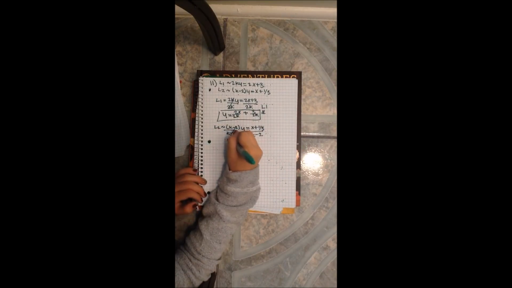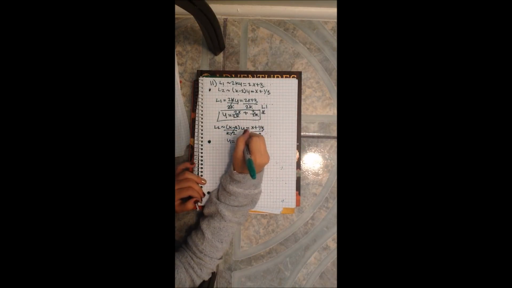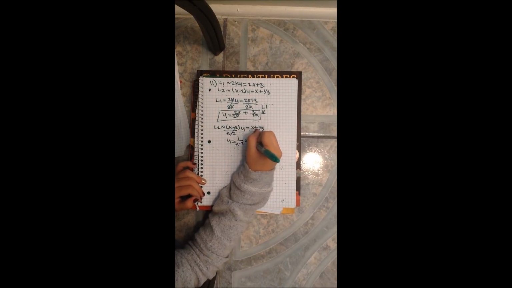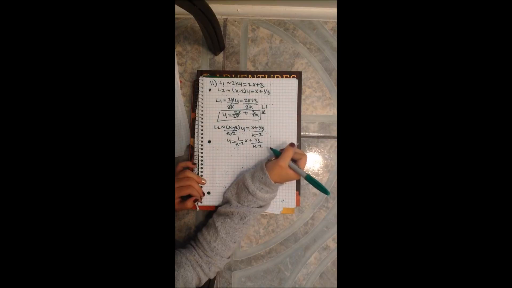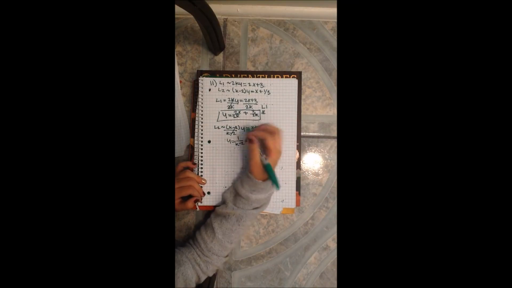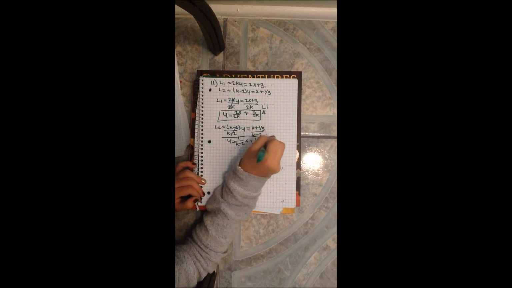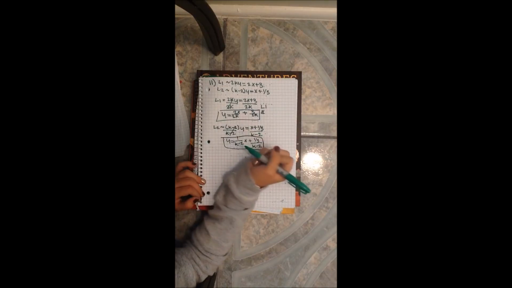So it would be y equals 1, because it's just x, so 1 over k minus 2 x plus 1 over 3 divided by k minus 2. So this is my equation for line 2.